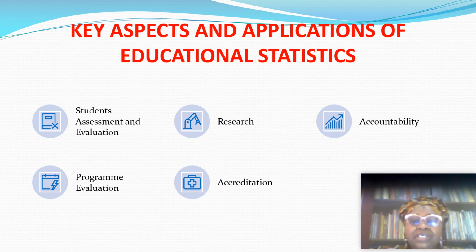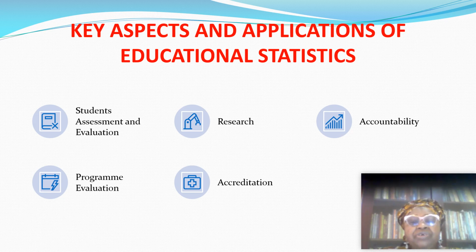Accountability is one of the applications in education, holding all stakeholders responsible for their supposed roles, evaluating and reporting on achievements, performance, progress, and outcomes, all aiming at ensuring that institutions and individuals are working towards achieving their goals.